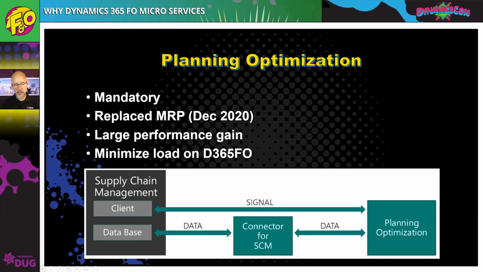And we are also offloading a lot of processing from the core Dynamics 365 instance, which means that it will increase performance even for the core application, which is really important. That is really one of the reasons why Microsoft is moving things out to these microservices. It's also to offload things from the core application.